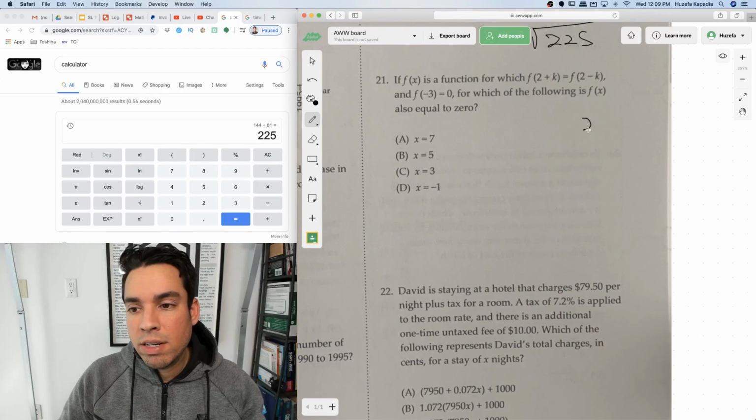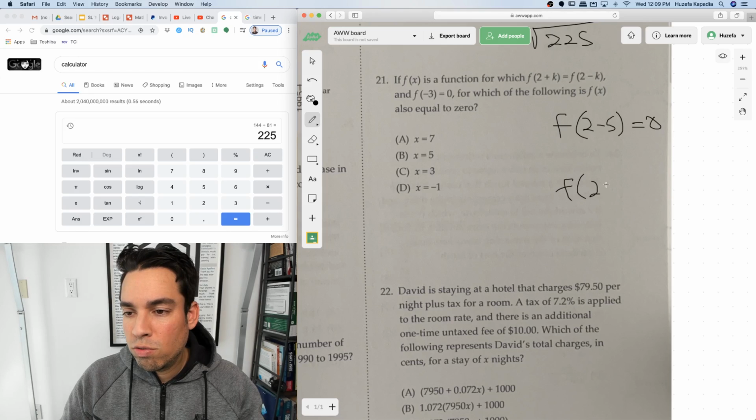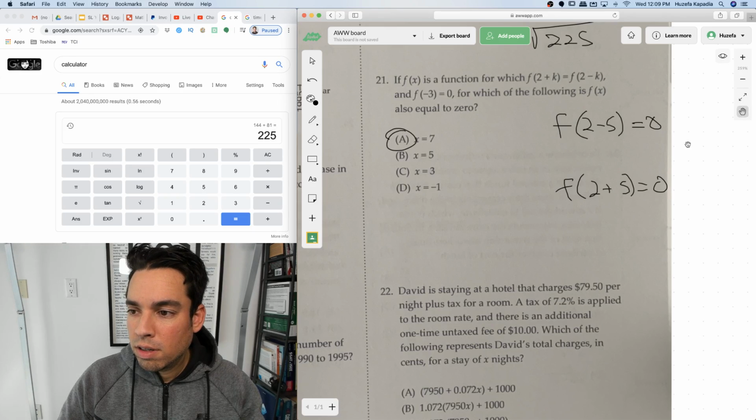If k is 5, then 2 minus k, 2 minus 5, which is negative 3, gives me 0. Then by that rationale, 2 plus 5 should give me 0, which is 7. I think that is correct.